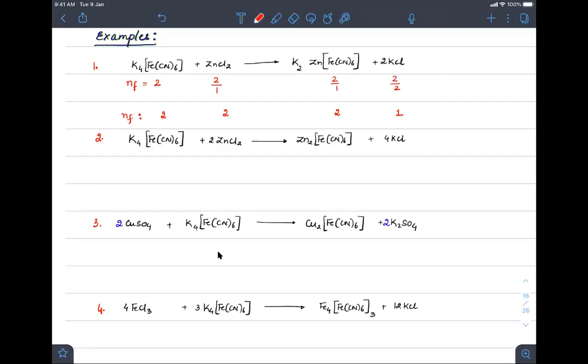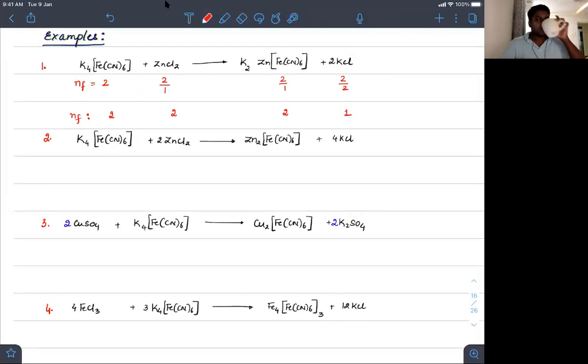Check out what is the n factor in all these four cases. Just put the answers on the chat box, like what should be the n factor for 1, 2, 3, 4.